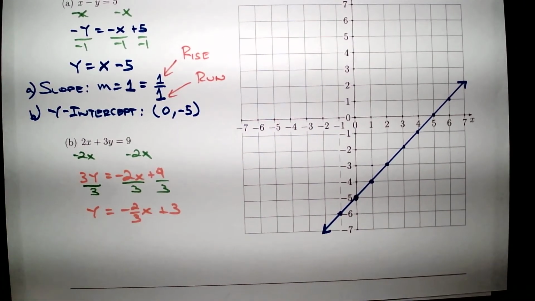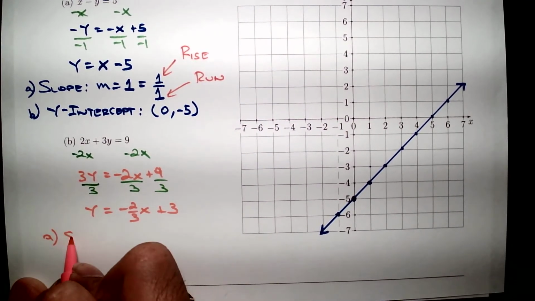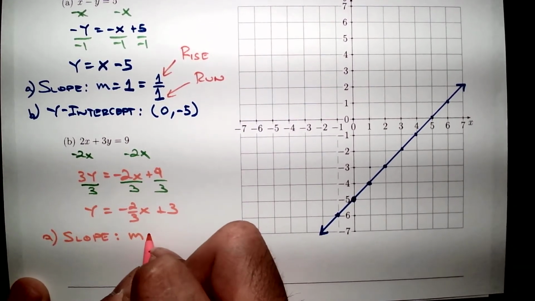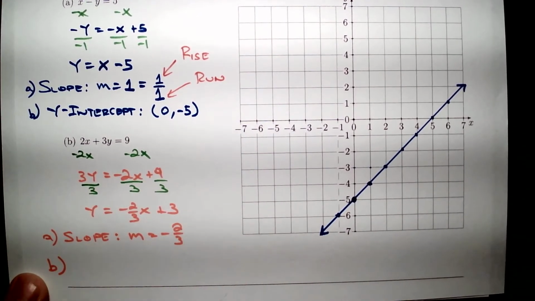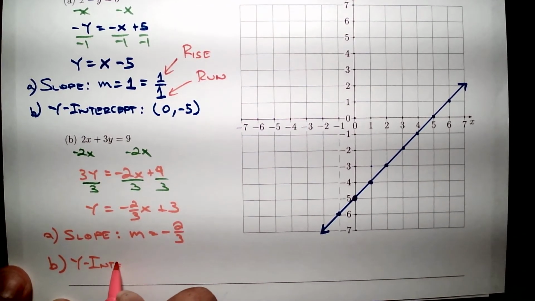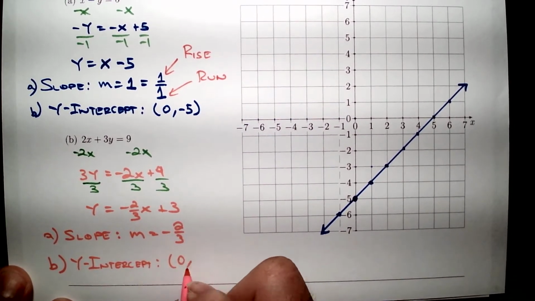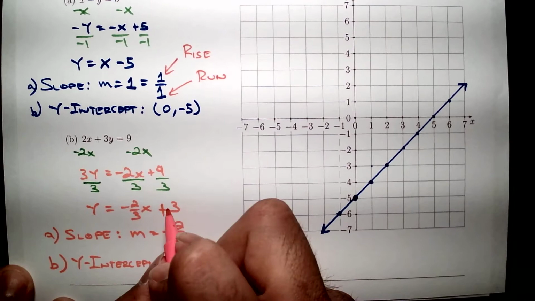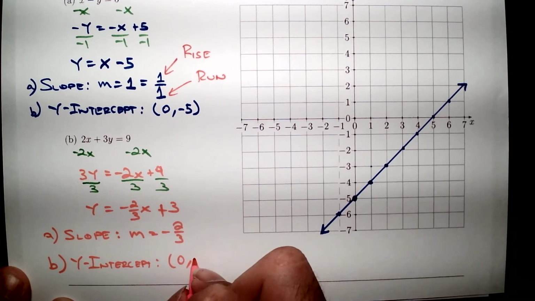So from here, letter A, the slope is m equals negative 2/3. And B, the y-intercept, is the point 0, comma 3.